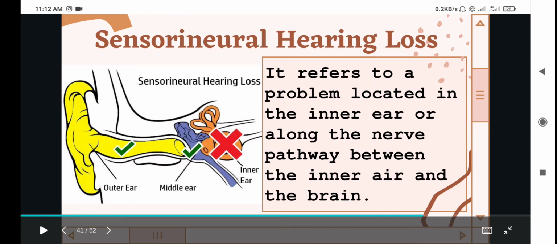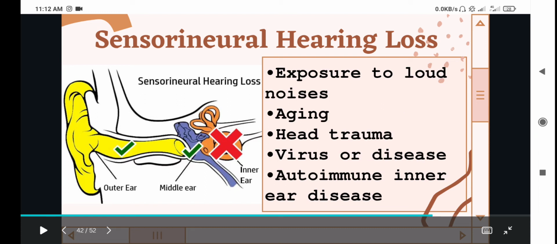It refers to a problem located in the inner ear or along the nerve pathway between the inner ear and the brain. This type of hearing loss occurs when the inner ear or the actual hearing nerve itself becomes damaged. This loss generally occurs when some of the hair cells within the cochlea are damaged.